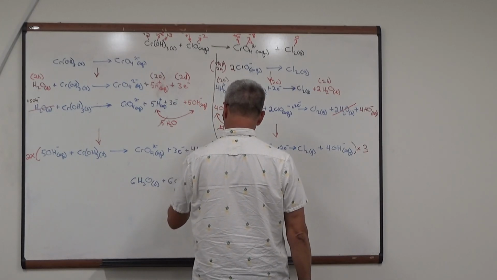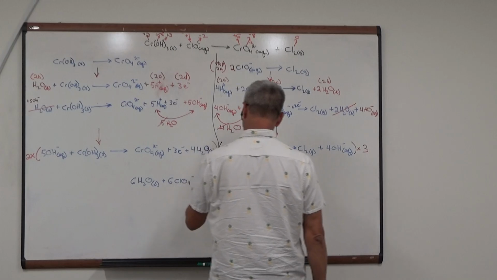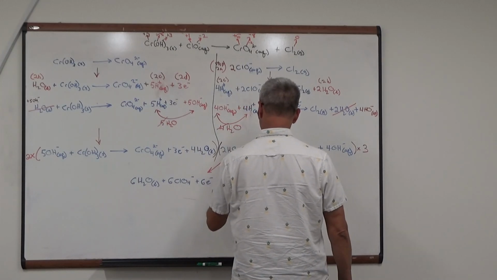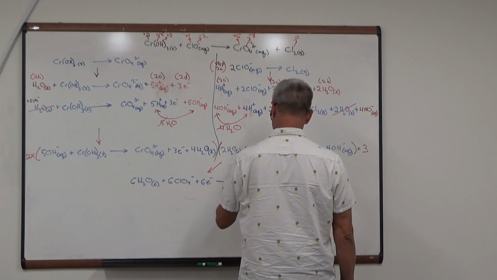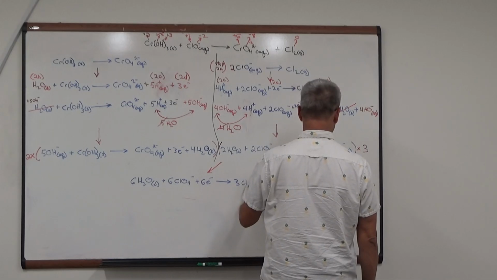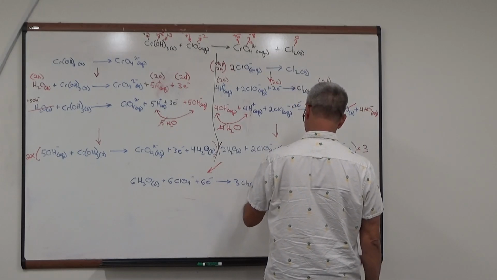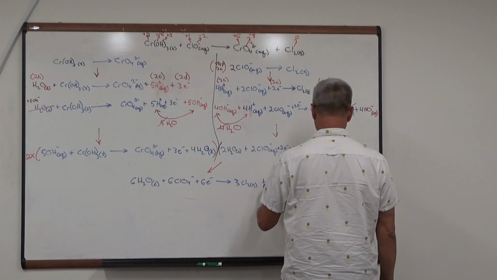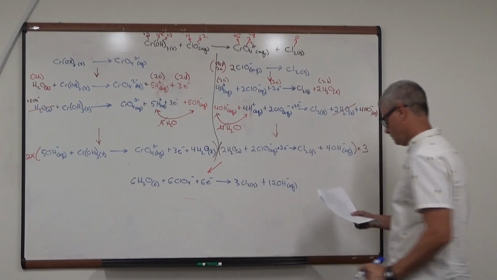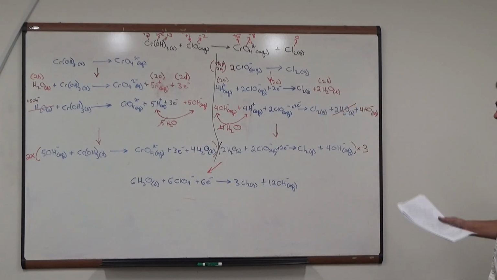Plus 6 electrons goes to 3 chlorine gas plus 12 hydroxides. Okay, awesome.